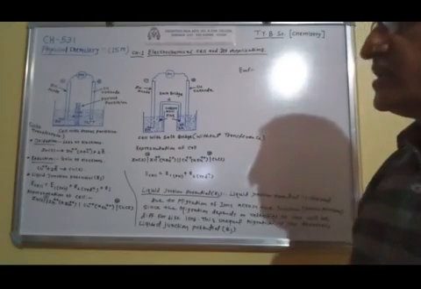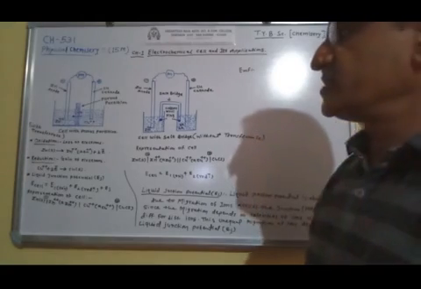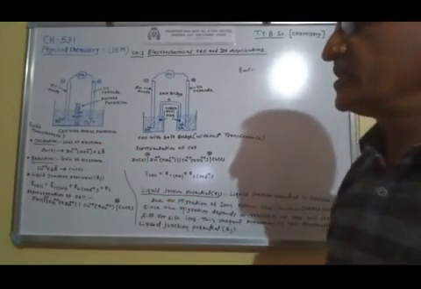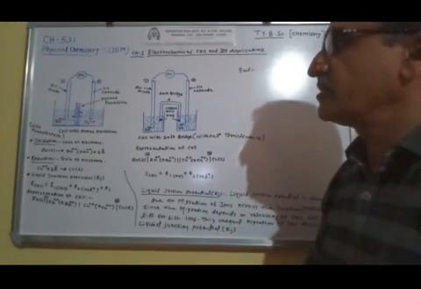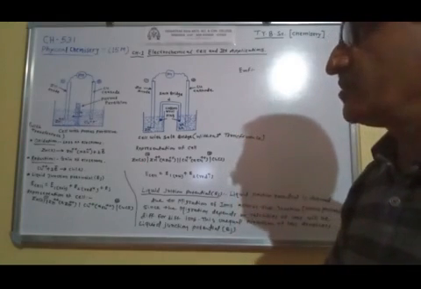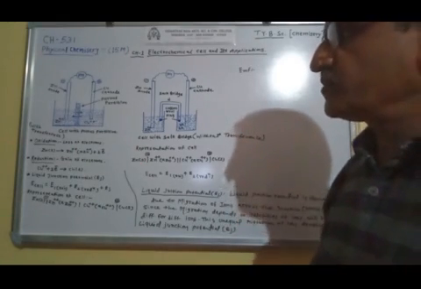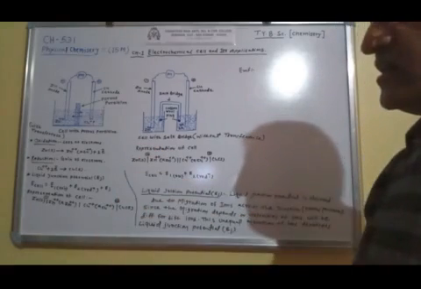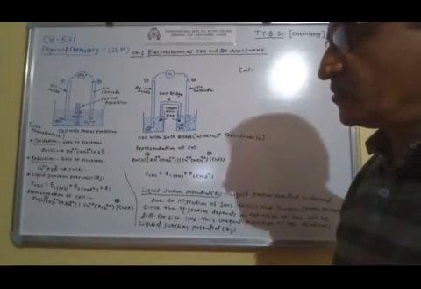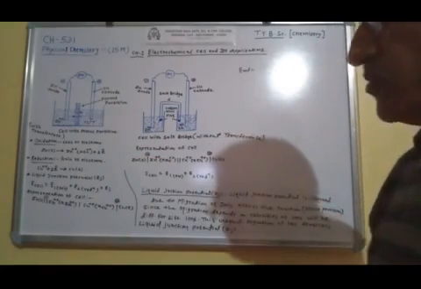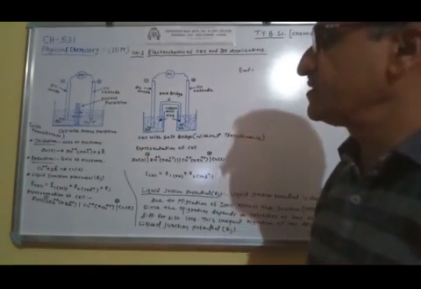In between there is the porous partition between the two liquids. There are two liquids, one of zinc sulfate and another of copper sulfate. Due to the porous partition, liquid junction potential is developed. Now we must know how the cell is represented.